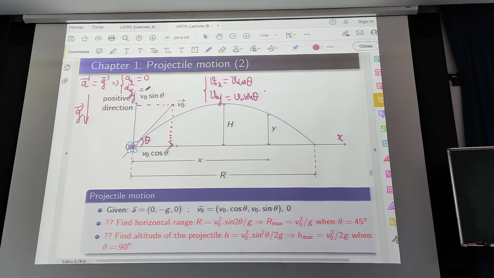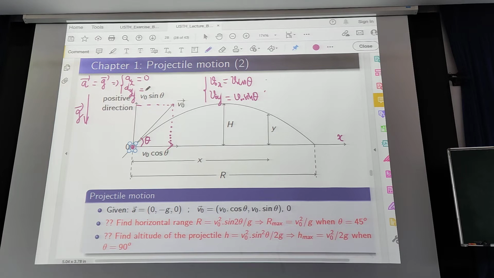Okay. So because g is pointing vertically downwards, and you are choosing OY going up, that is why the component of the acceleration along OY is minus g. But in case some of you choose the downward direction as positive, then in this case it is plus g.